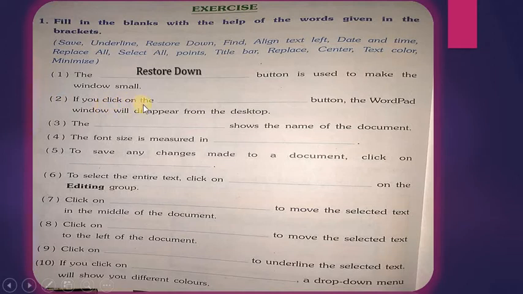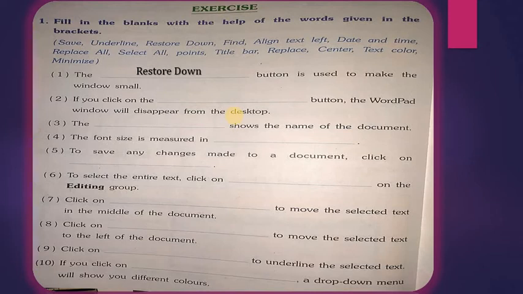If you click on the dash button, the WordPad window will disappear from the desktop. So which button from the given three buttons is used to make a window disappear? Disappear means what? It cannot display on the monitor screen, but the icon displays on the taskbar.